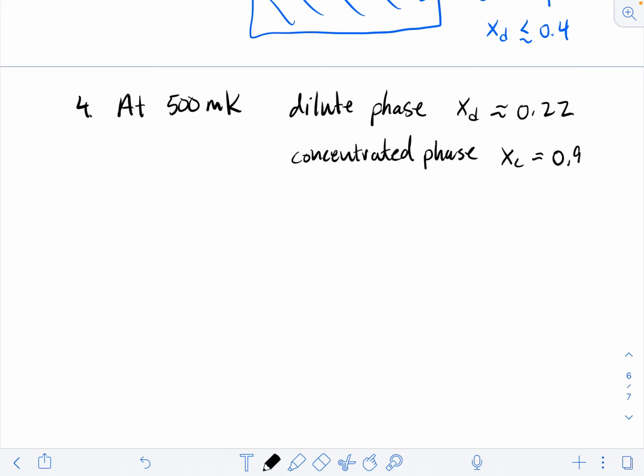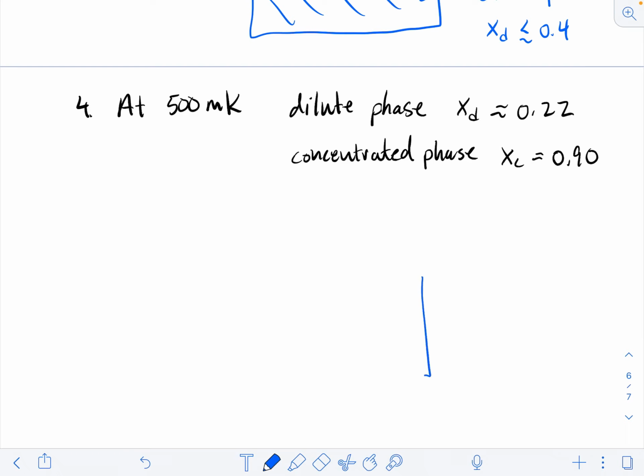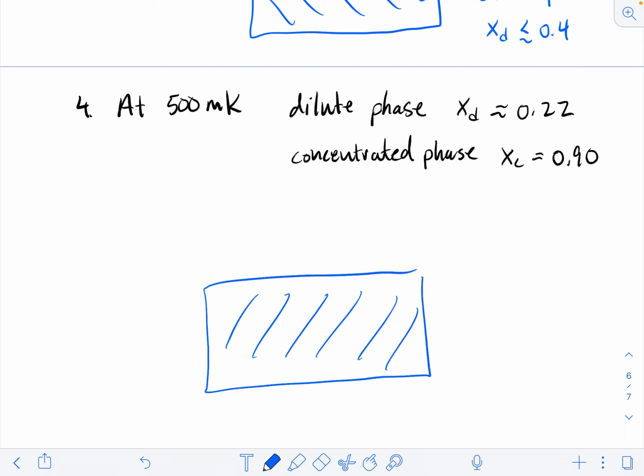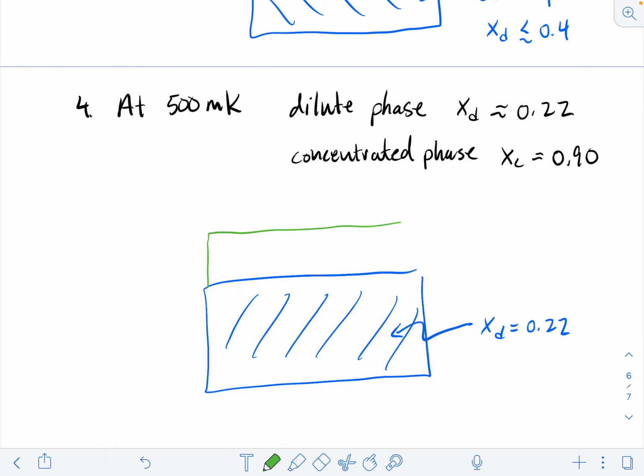XC is 90%. So this is 22. And let's see if it'll let me do it this time.